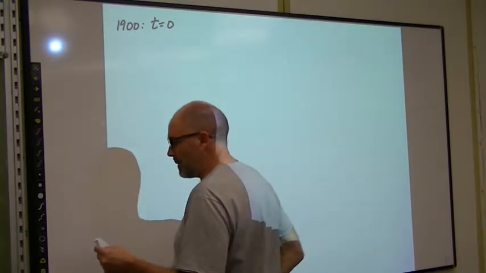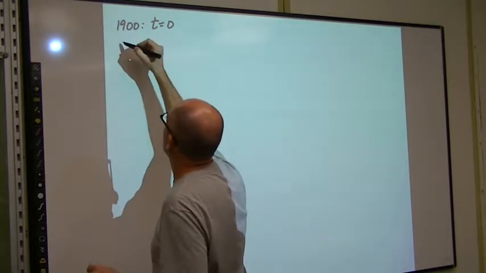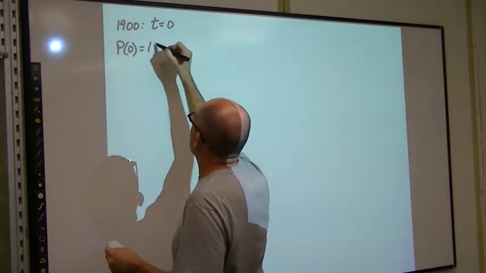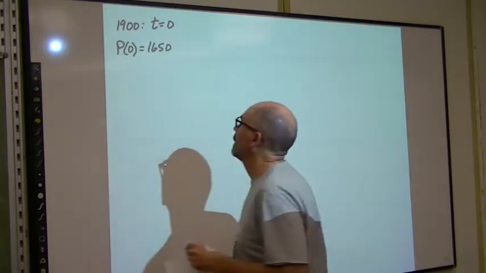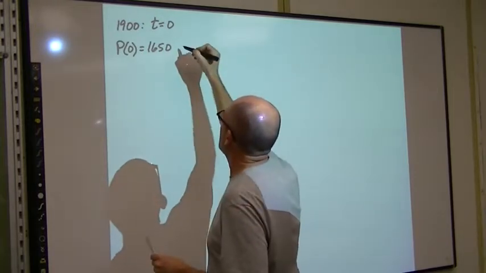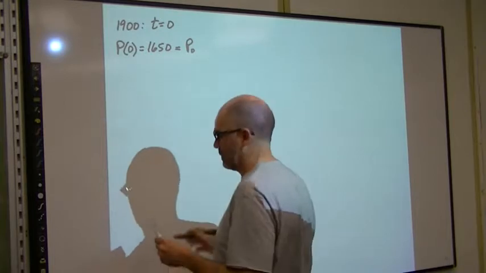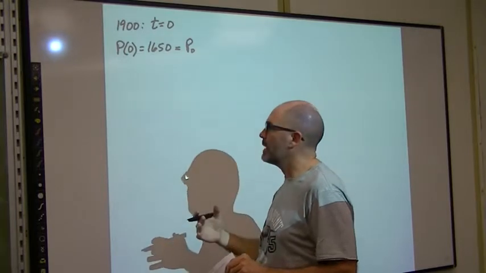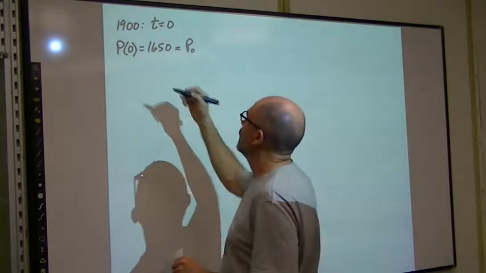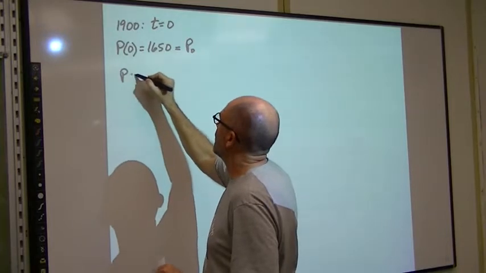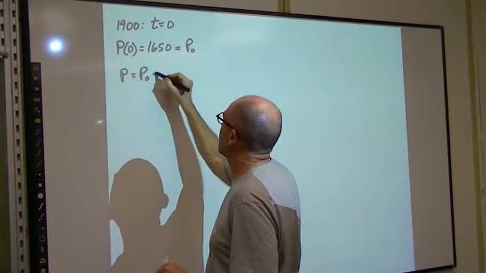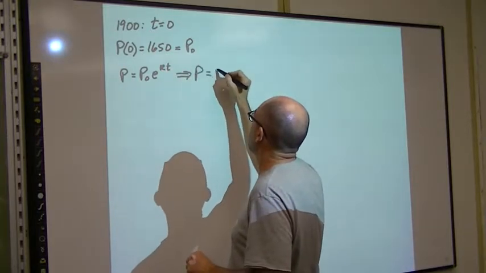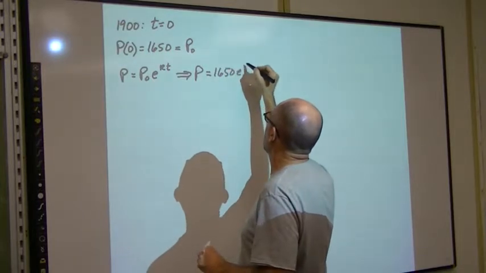Then we know the population at t equals 0 is 1650. So that basically is P sub 0. All right, so we know that the population growth is proportional to population, so we automatically have P equals P sub 0 e to the kt, or P equals 1650 e to the kt.